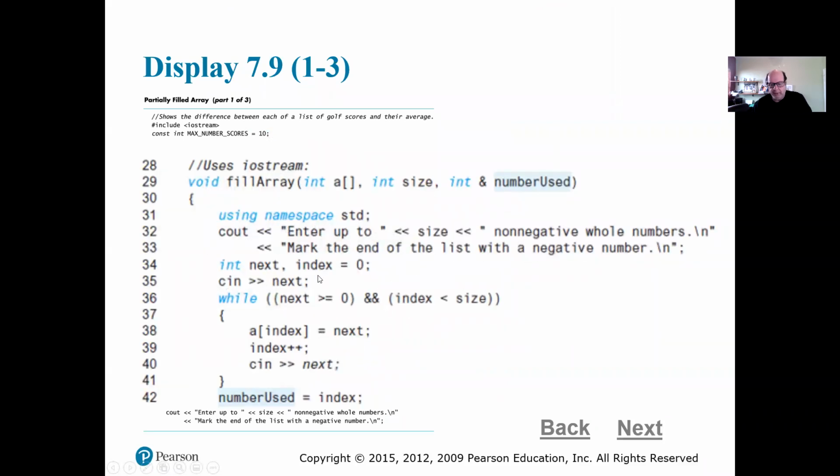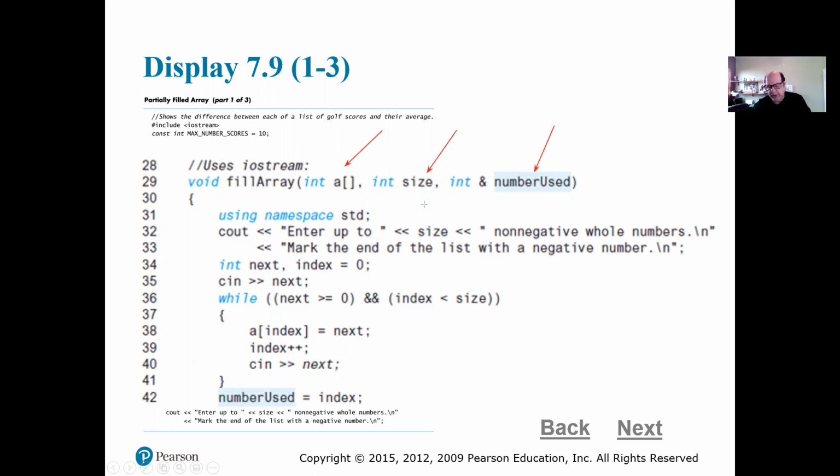So this is my fill array. Let's look at the fill array, which is display 7.9. What we're doing in fill array is we're going to pass an array, we're going to pass a size, and we're going to return a number used. So we're going to ask the user to enter this many.